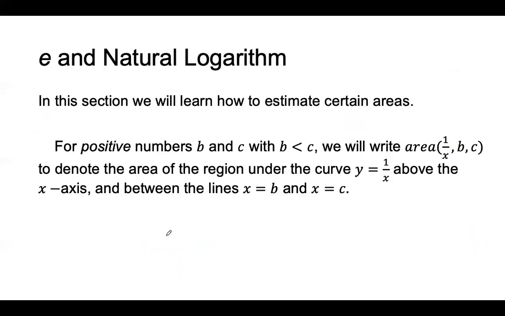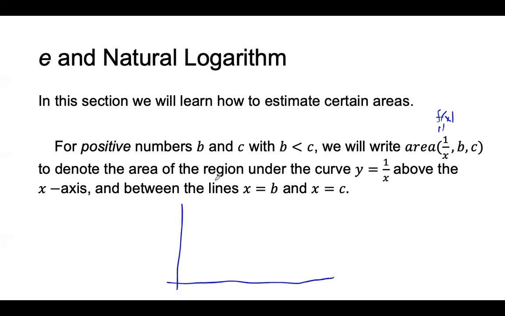So, e and natural logs. In this section, we learn how to estimate certain areas. So for, let's say, positive numbers B and C, with B being less than C, we can write this thing called this area. So the area of 1 over x, this function, from B to C, I'm just going to draw a sketch.